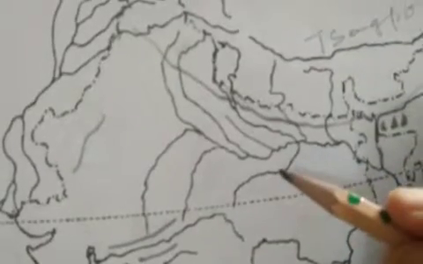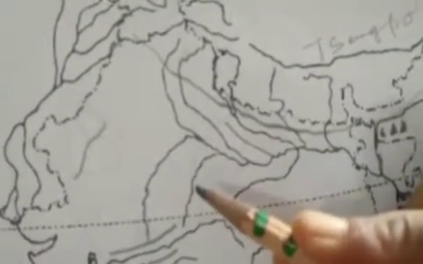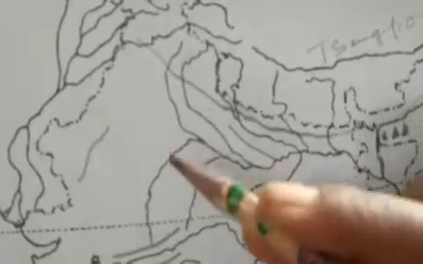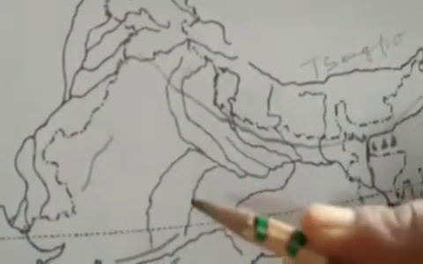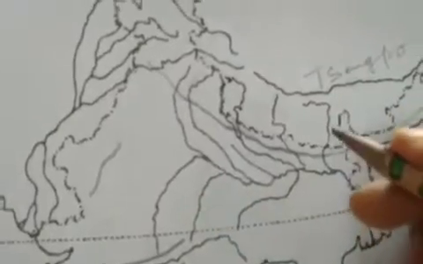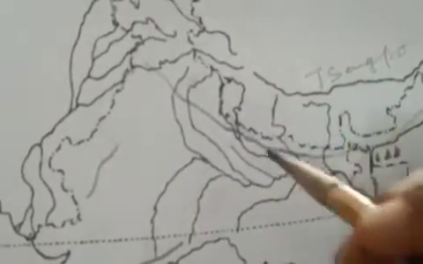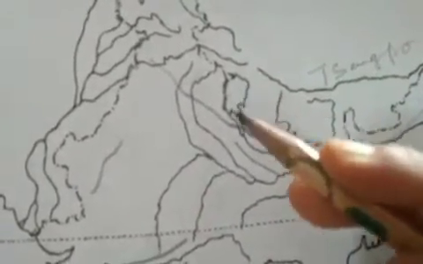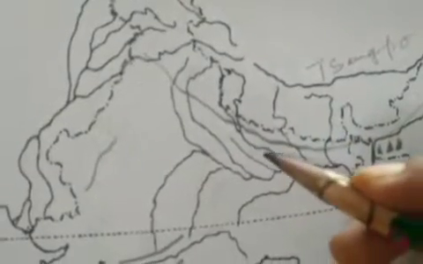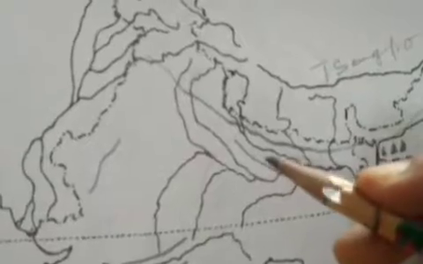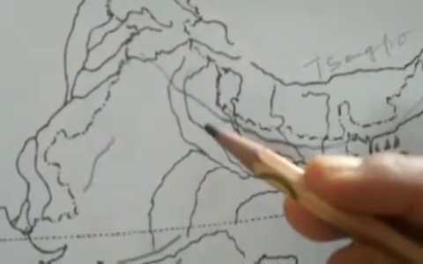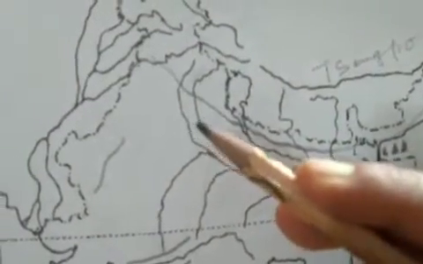See downwards: Son, Betwa, Chambal. Son, Betwa, Chambal. Kosi, Gandak, Ghagra. This is Ghagra, right? This is Gomti, which we had just made. And this is your Ganga, then Yamuna.